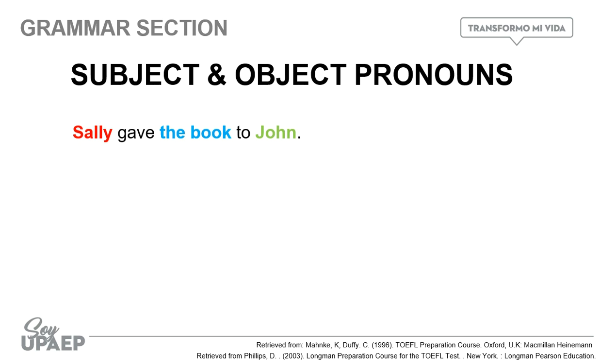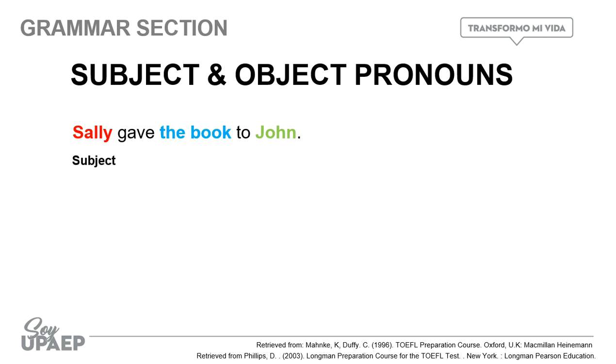If you notice, you have the sentence, Sally gave the book to John. Don't forget that a pronoun replaces a noun. So here in this sentence, we have three nouns: Sally, the book, and John. So we are going to use pronouns in order to replace these nouns.